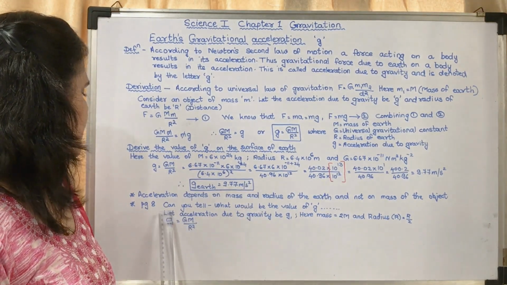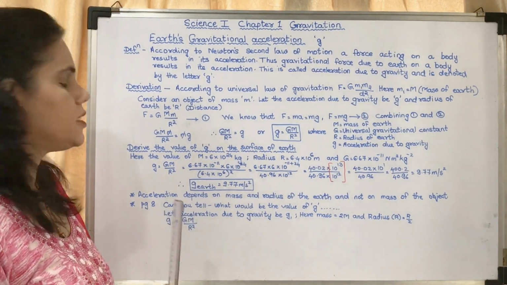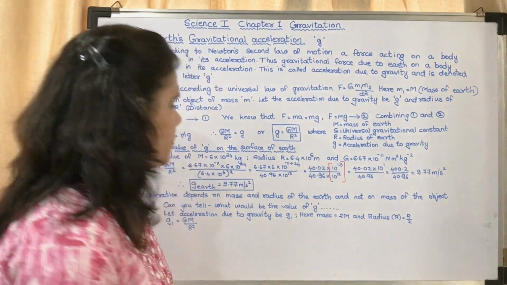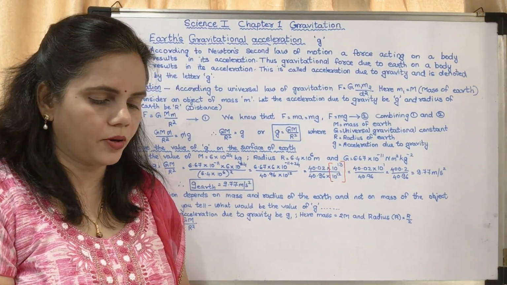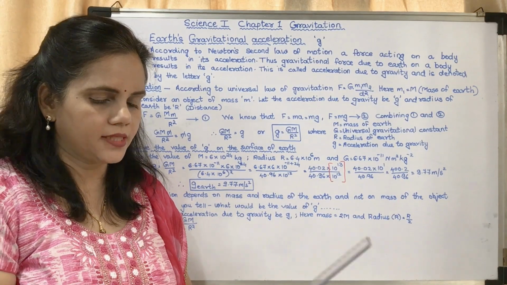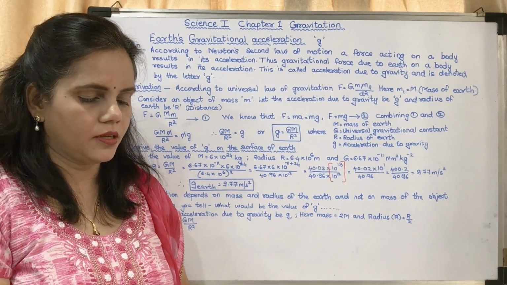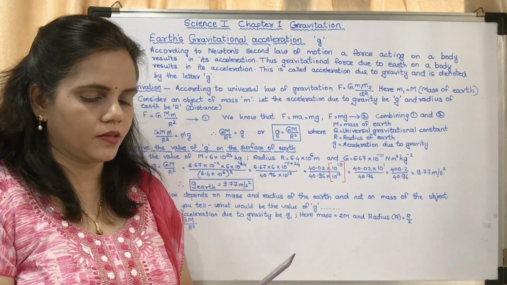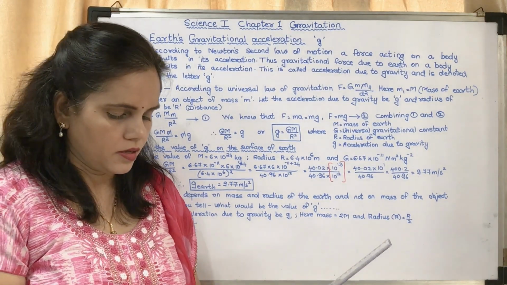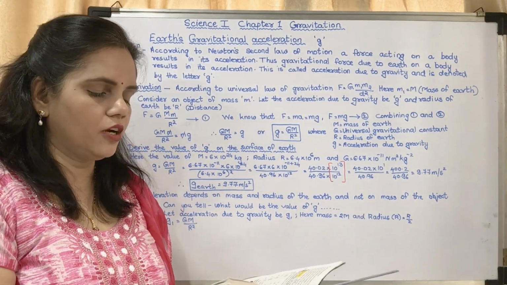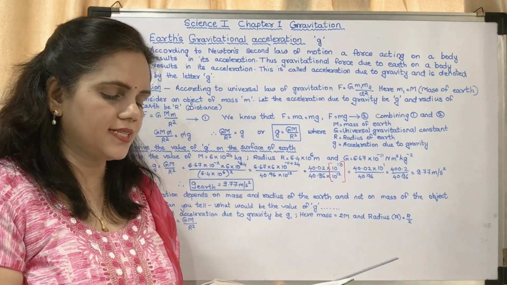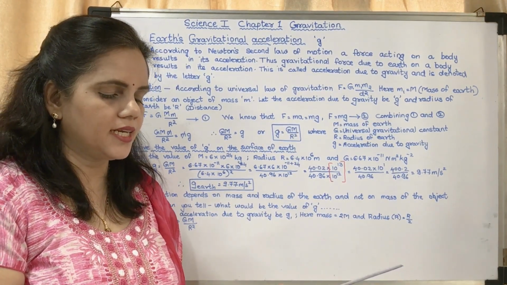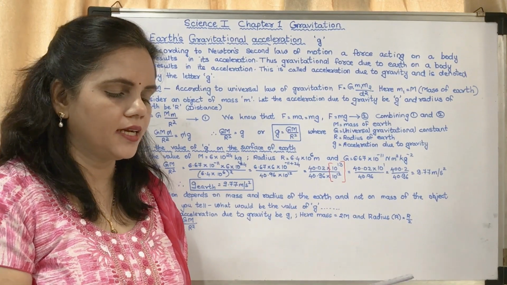Now there is a 'Can you tell' question on page number 8. You may take page number 8. It is a very important question. What would be the value of g on the surface of the earth if its mass was twice as large and its radius half of what it is now?